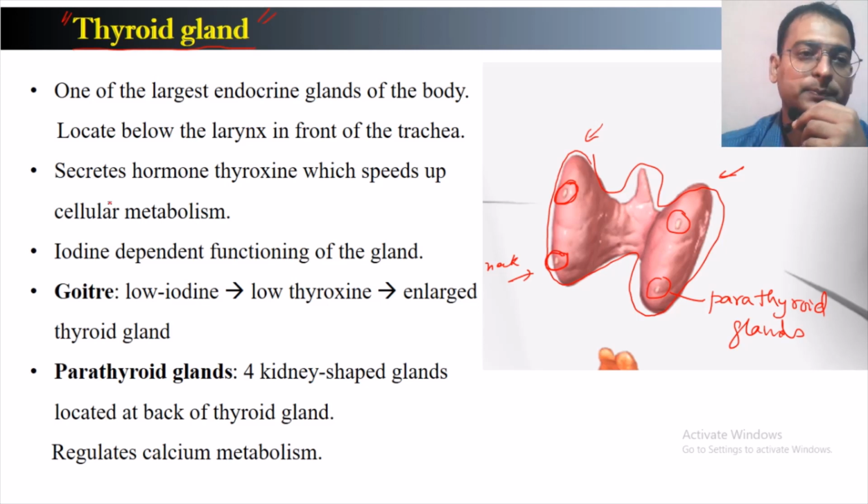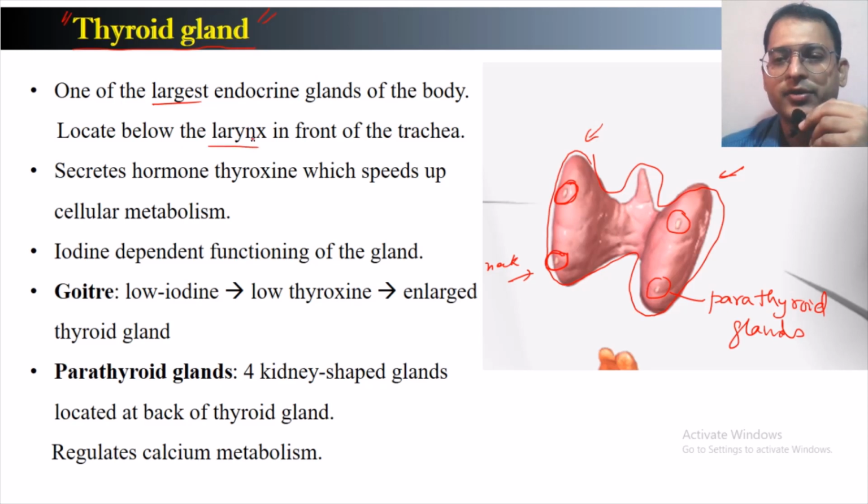Now, the thyroid gland is one of the largest endocrine glands in the body. It is located below the larynx. Larynx is the voice box, in front of the trachea. Trachea is the windpipe through which we breathe. It secretes the hormone thyroxine, which speeds up cellular metabolism.